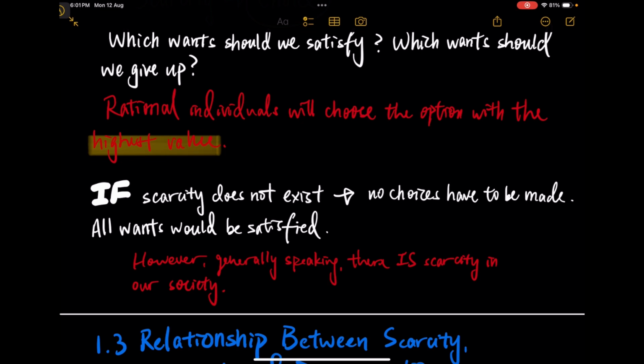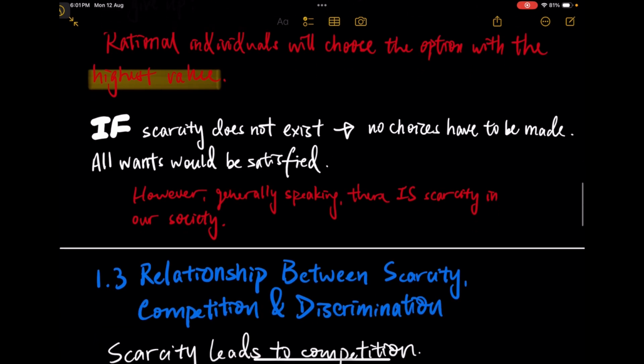So let's say I have a basketball, and this basketball to me may be of a very high value, but to other people, they may view it as a worthless item. So it's a very subjective concept. Now, theoretically, if scarcity does not exist in our society, then no choices have to be made, because that would mean that all wants would be satisfied.